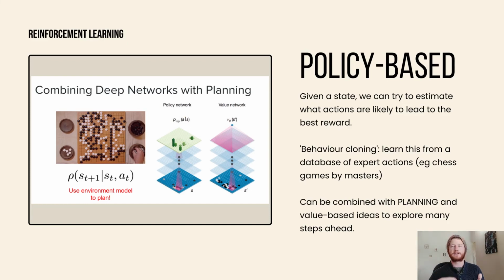And so the network tries to learn to imitate that. Given a state, try and predict what a grandmaster would play, and then we can use this to determine our actions just by looking at which ones the network thinks are more probable. Again, you can trade off exploration versus exploitation by maybe not just always going with the most probable action, but sometimes choosing one of the others instead.